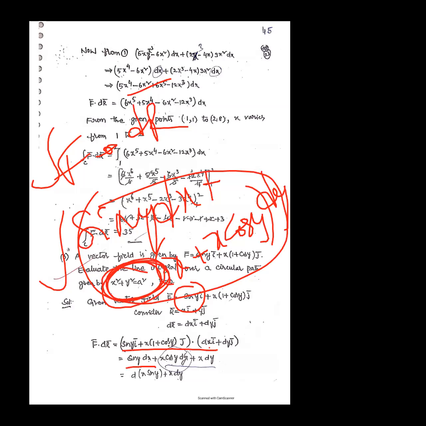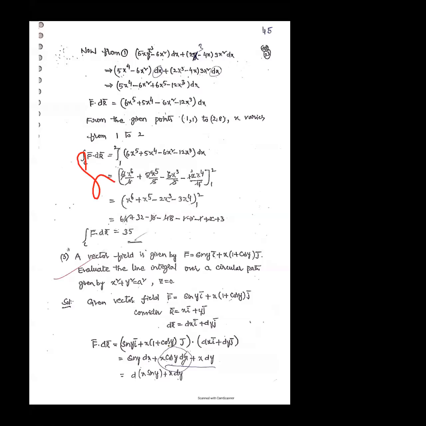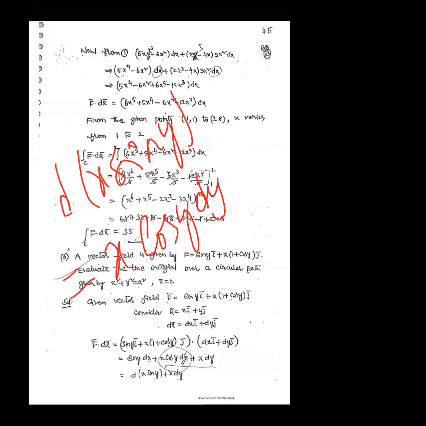So sin y dx plus x cos y dy plus x dy. Observe the derivative of x sin y, using the general UV formula. x is constant, the derivative of sin y is cos y, and the derivative of y is dy, plus sin y is constant, and the derivative of x is dx, with respect to y, and so on.